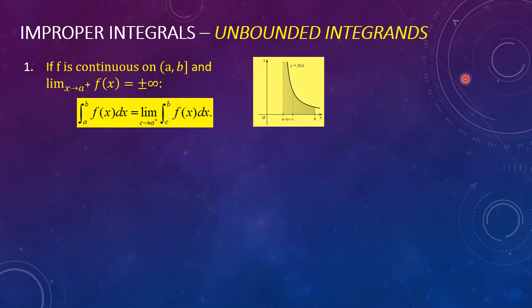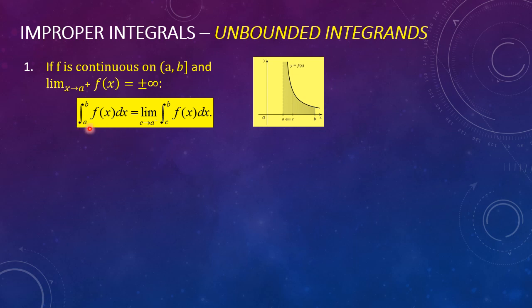If we have a function that's continuous over the interval a, b, and notice here that it does not include a, but it starts at a, that's because as x approaches a from the positive direction, the function value is going to positive or negative infinity. So specifically what we have here is an asymptote at x equals a. And so we're going to handle this very similarly.